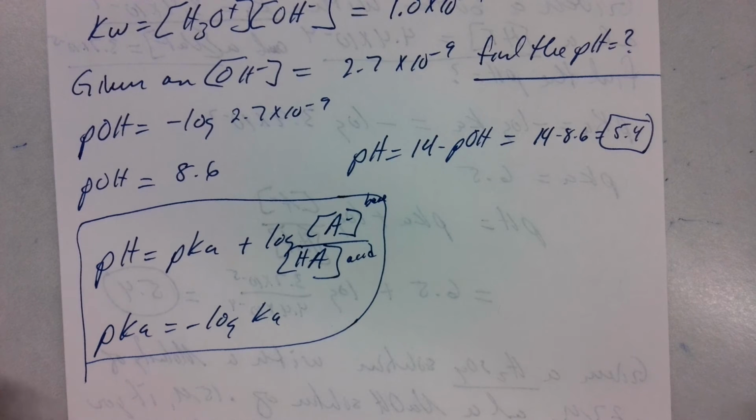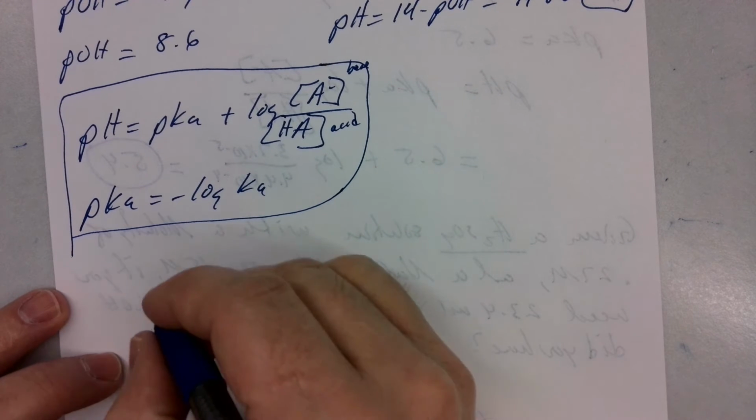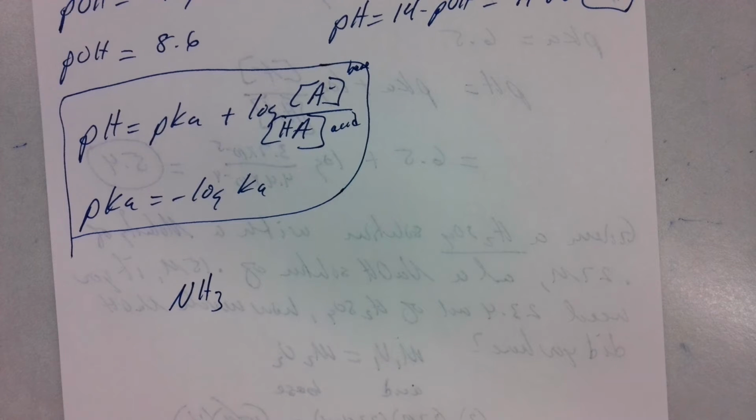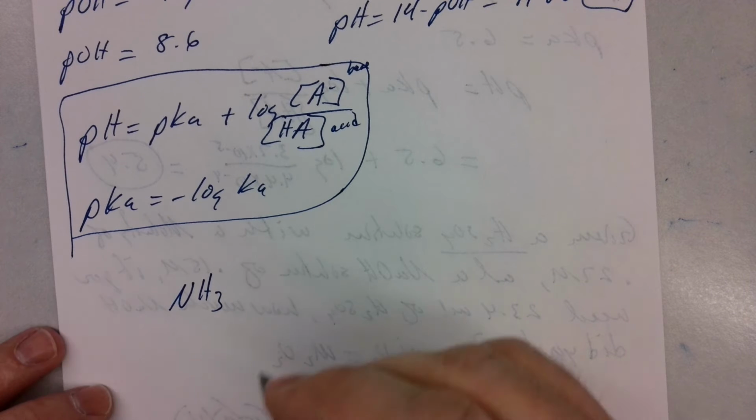The only exception to that is NH3. NH3 is like water, meaning it can act as both an acid and a base. That's called amphoteric.